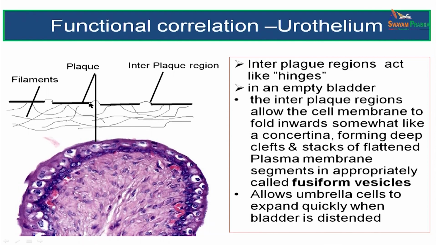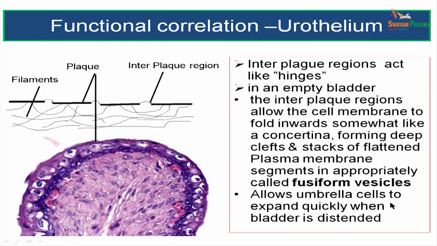That is, the membrane forms stacks of flattened plasma membrane. This interplaque region acts as a hinge, and these stacks of plasma membrane in an empty bladder are sometimes inappropriately called fusiform vesicles.